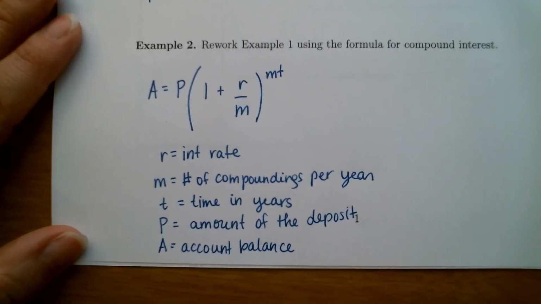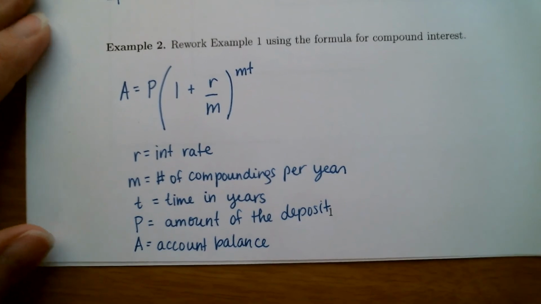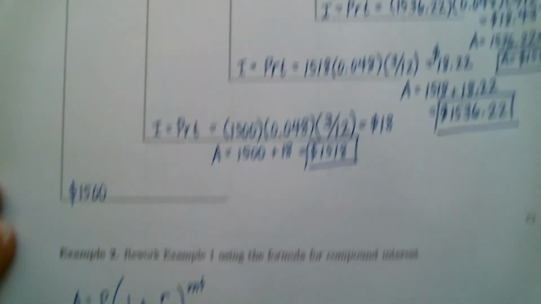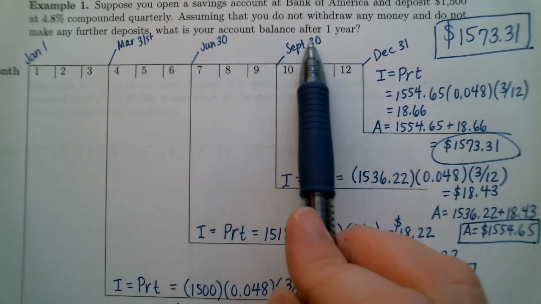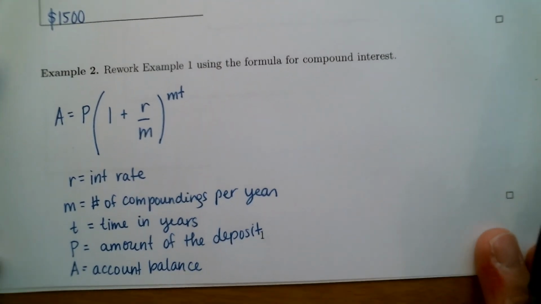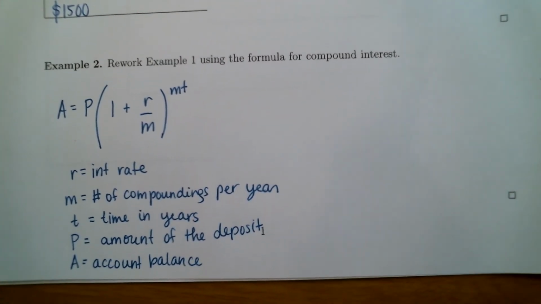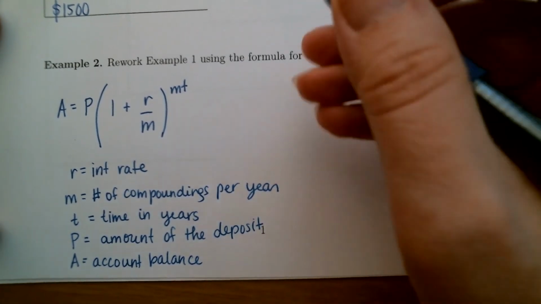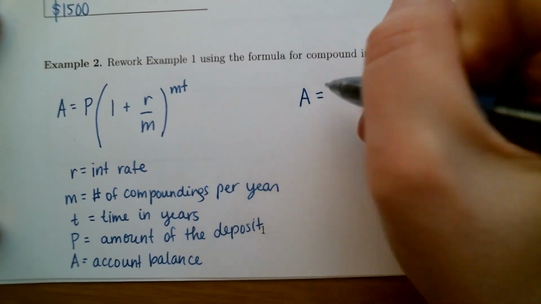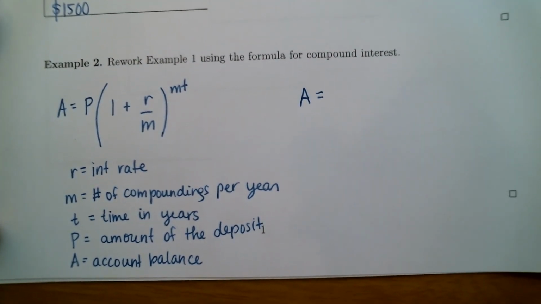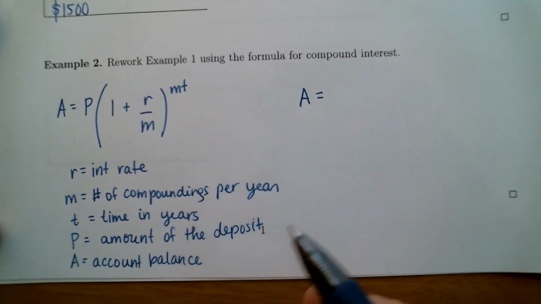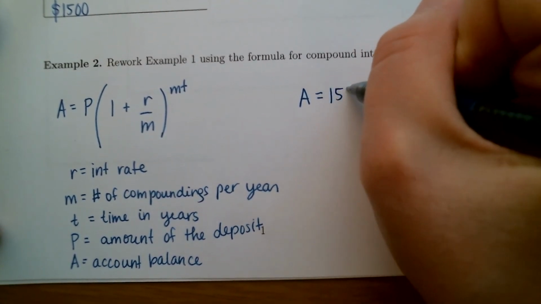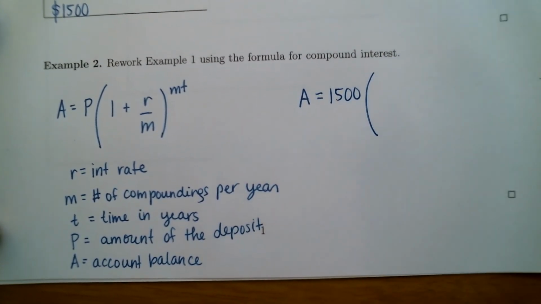Since the question asked us to calculate the account balance after 1 year, we would be looking for A. If we're looking for A, that means we should know the value of all the other variables, and we do. So let's go ahead and figure this out. P is the amount of the deposit I made. I put in $1,500. That's my one lump deposit.